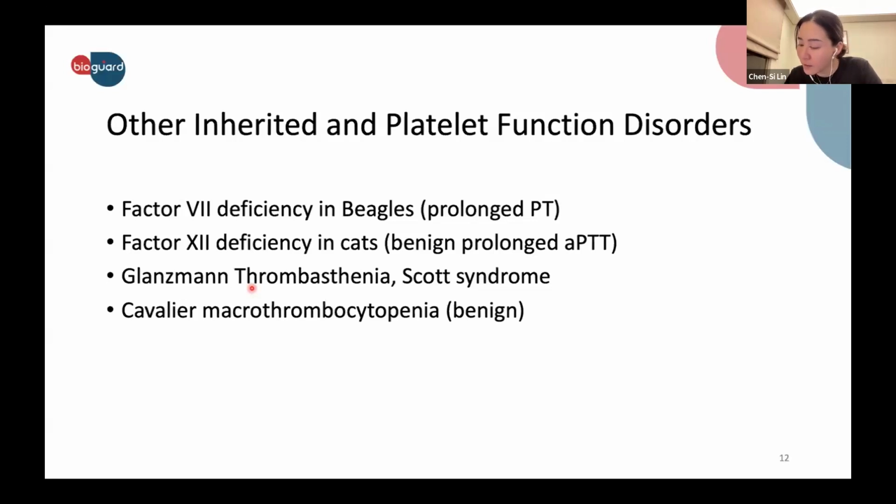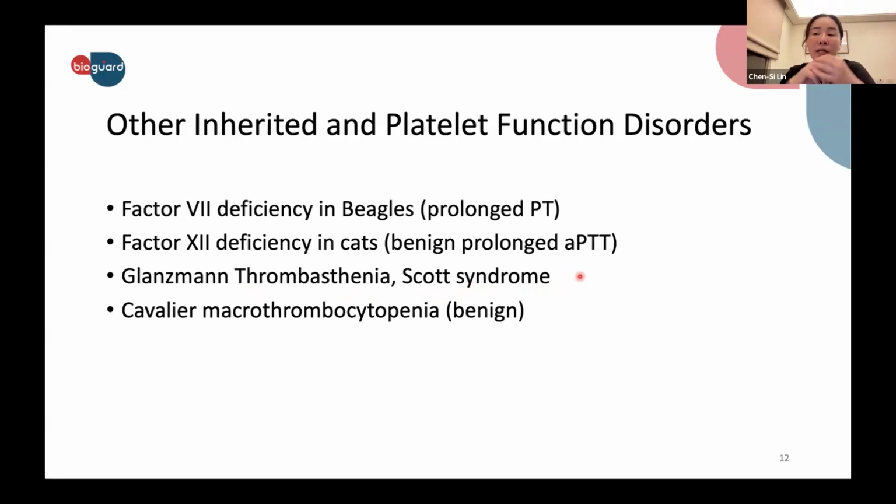Another is Scott syndrome, which is specifically found in German Shepherds. In these cases, the dogs suffer from mild bleeding due to a phosphatidylserine defect.